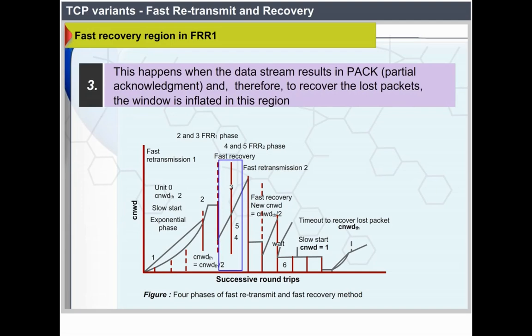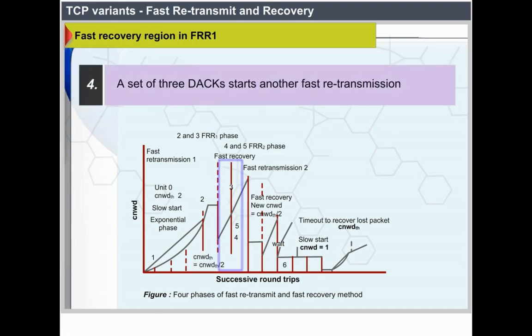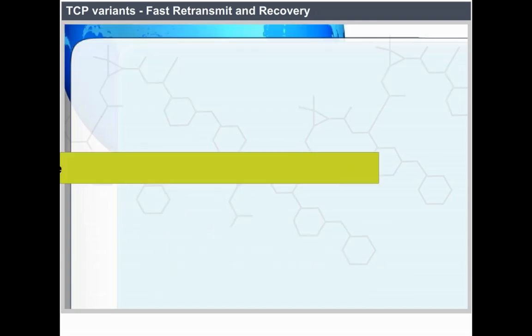This happens when the data stream results in PACK, partial acknowledgement, and therefore to recover the lost packets, the window is inflated in this region. A set of 3 DACKs starts another fast retransmission.